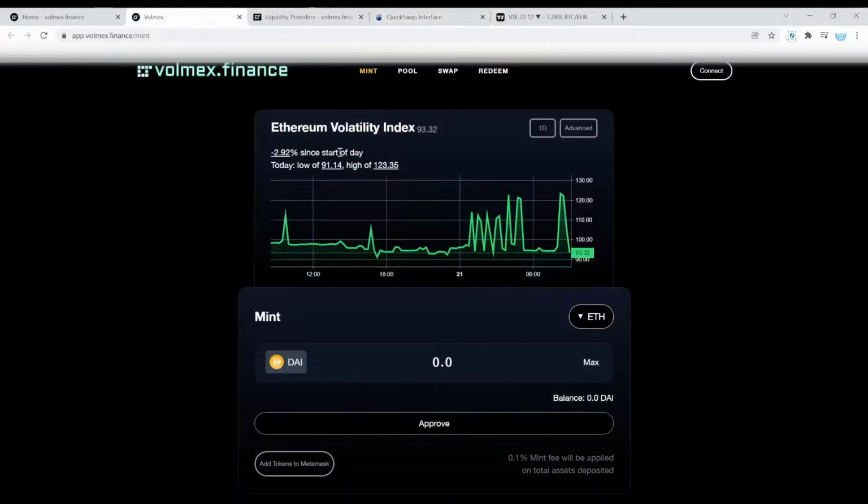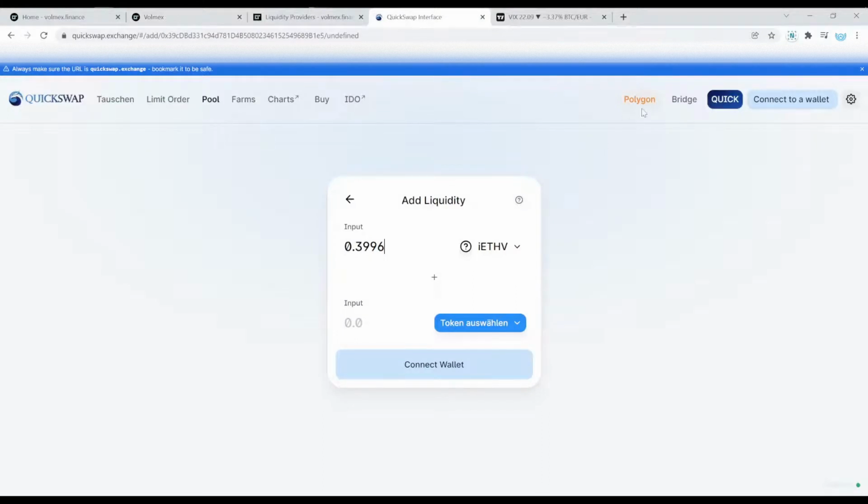So what we have to do to provide liquidity, number one, we have to mint the two tokens, okay? I mean, it's one transaction, but you mint an equal amount of both tokens. And then you come over here to QuickSwap on Polygon, or they also have pools on Arbitrum and also on Ethereum mainnet. And then you simply provide liquidity for this token, and then we are earning fees on that.